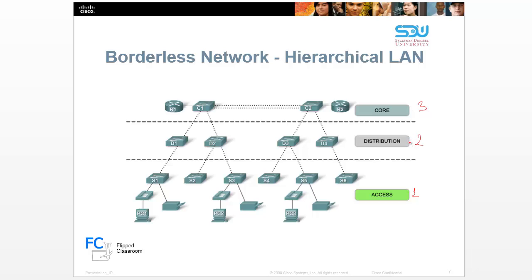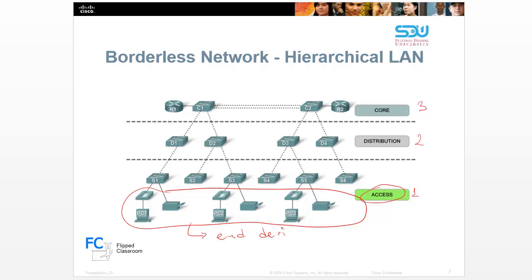What is the role of access layer switches? As the name suggests, access layer switches give access to the network for end devices. All devices which you see below the access layer are end devices. End devices start communication.